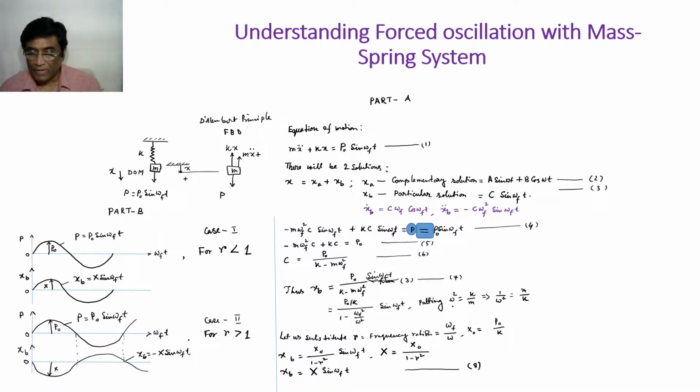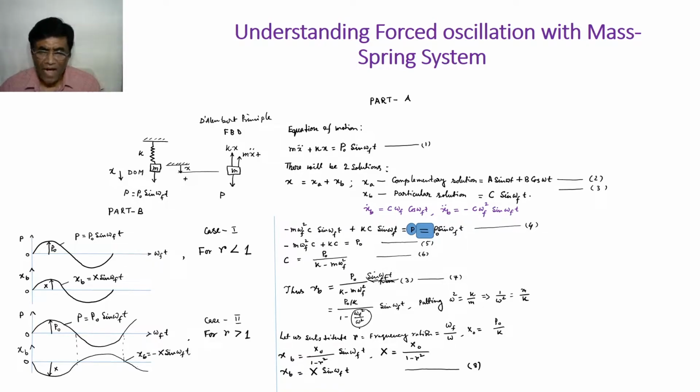Now putting omega squared equal to k by m, as you know, 1 by omega squared will be equal to m by k. So instead of m by k, we are getting omega f squared divided by omega squared. So we now have a ratio of two circular frequencies, the forcing circular frequency and the natural frequency.